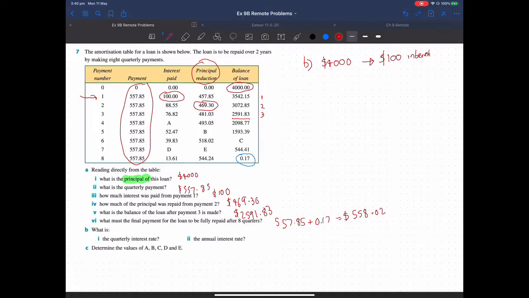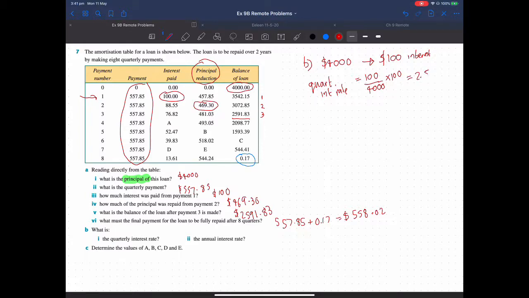So what that says to us is, if we were to work out the quarterly interest rate, we got $100 out of $4,000. And to turn that to a percentage, we'd multiply that by 100. That would give us 2.5.